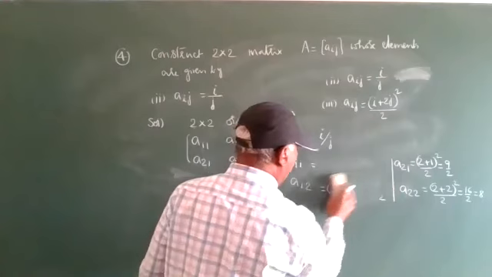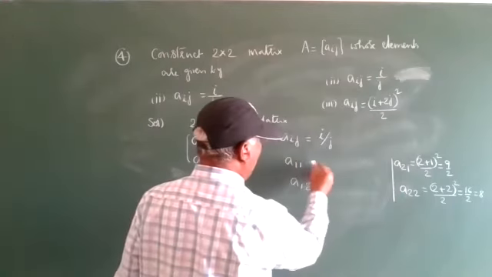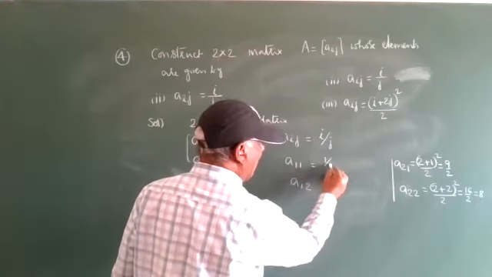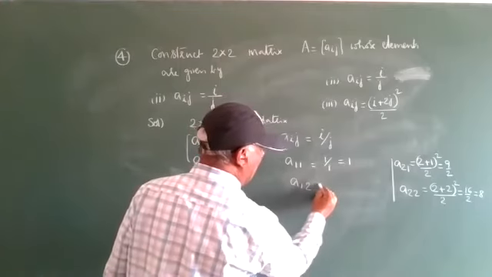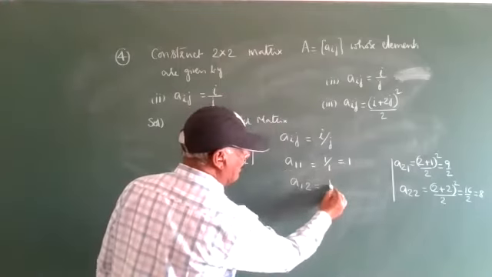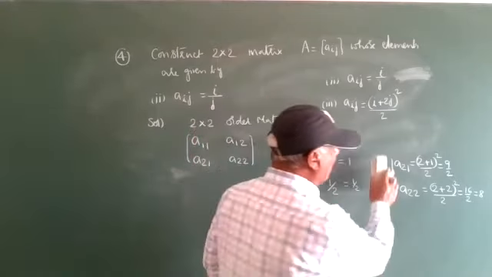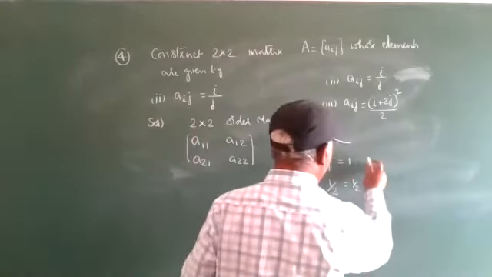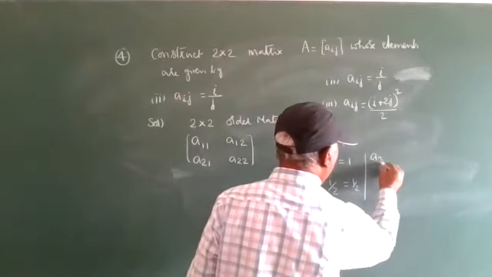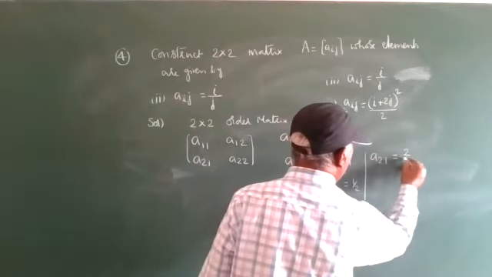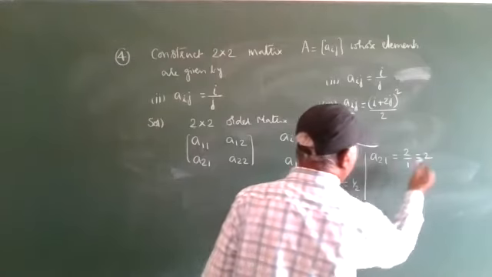Write down A11 first: i value is 1, j value is 1, so 1 by 1 is 1. A12: i value is 1, j value is 2, so 1 by 2. A21: i value is 2, j value is 1, its value is 2.